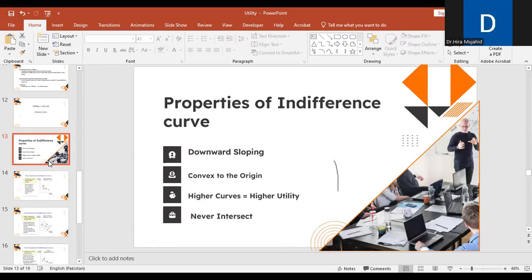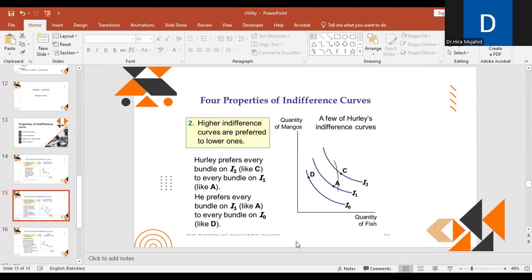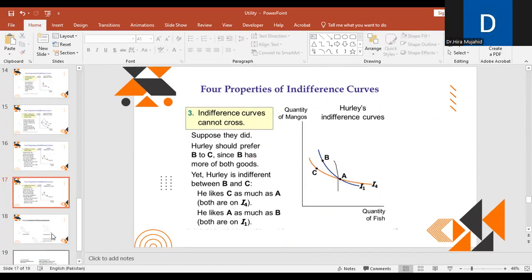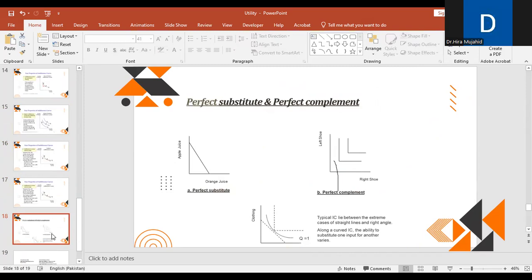So now we have some properties. Downward sloping curve, convex to the origin. Higher indifference curves have higher utility and they will never cross. This is a perfect substitute and perfect complement.